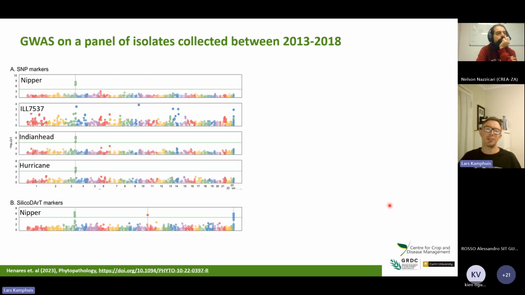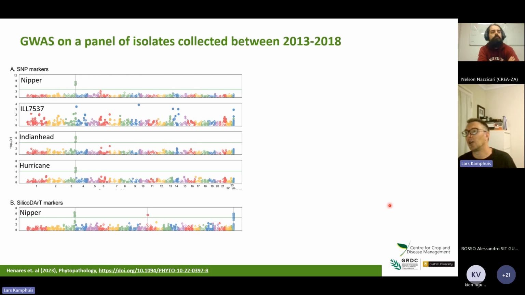So this was done in a classical biparental mapping population, but what we did side by side is an annual collection of Ascochyta lentis isolates from around Australia. And so we've been doing that since 2013.